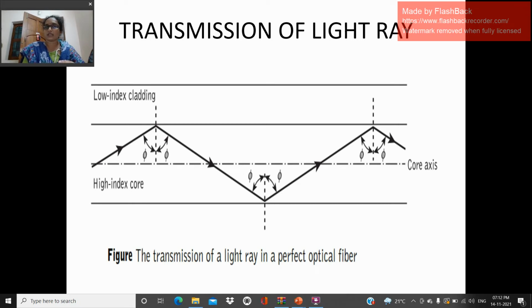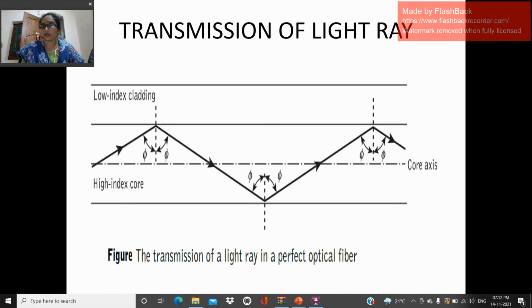The innermost material is known as the core material, and the core material is surrounded with some material that is termed as cladding, and on the cladding some protective layer is used, that is known as buffer coating. Here the middle line is termed as the core axis, and we are indicating only low index cladding but not high index cladding here.